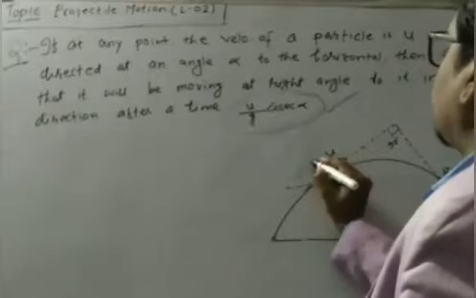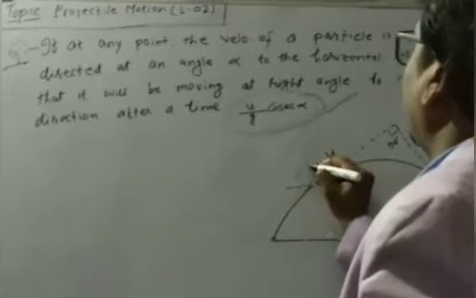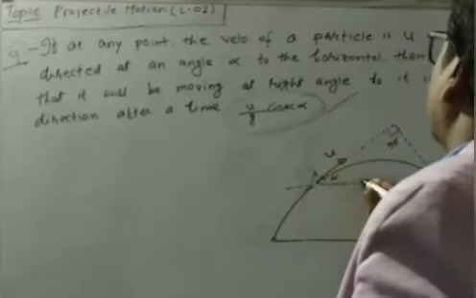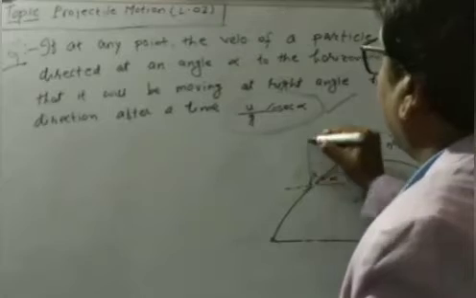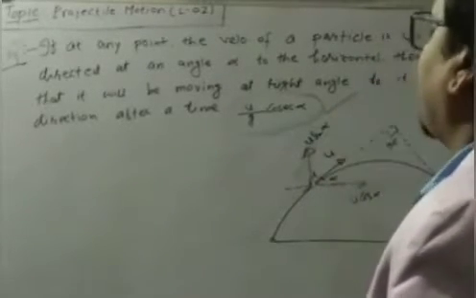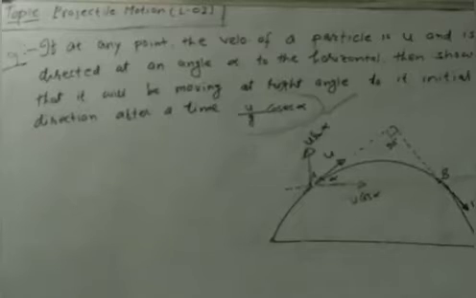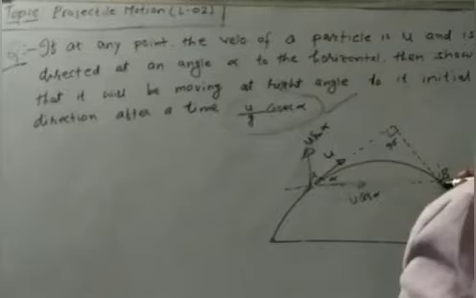First of all, split this velocity u in horizontal and vertical direction. So this must be u cos alpha, and this must be u sin alpha. Okay. And what about this angle?